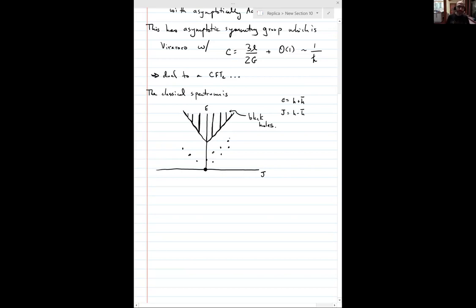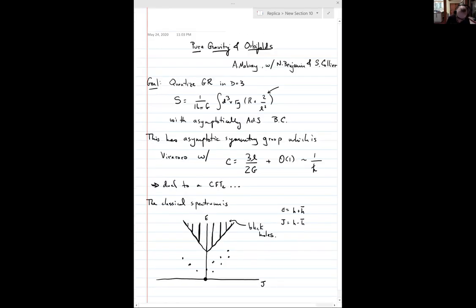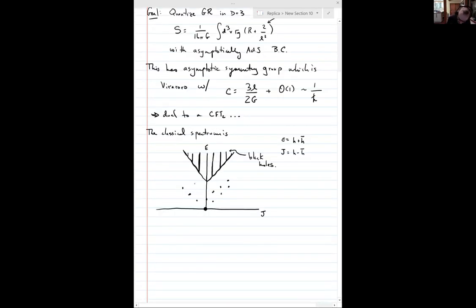But even though it has no local degrees of freedom, so there are no propagating local gravitons, no propagating gravity waves, if you study the theory in the presence of a boundary, then there are still edge modes, much like the edge modes in a quantum Hall system.